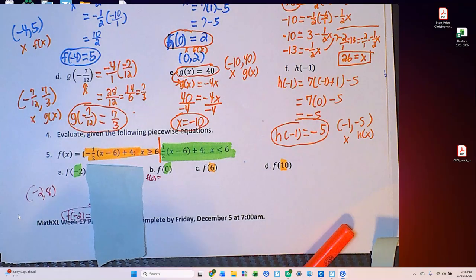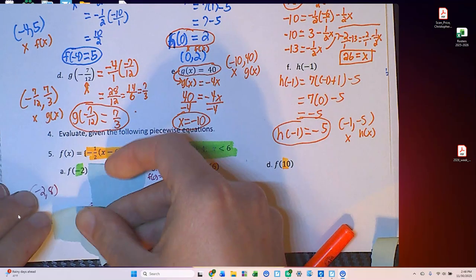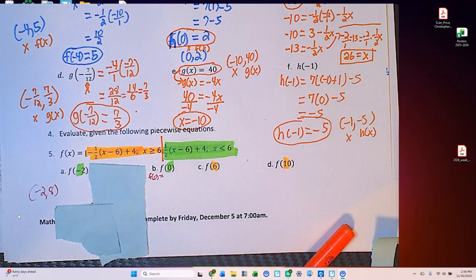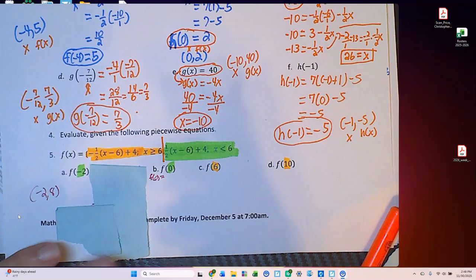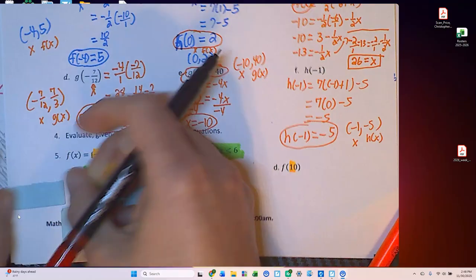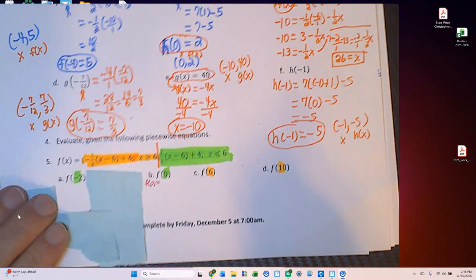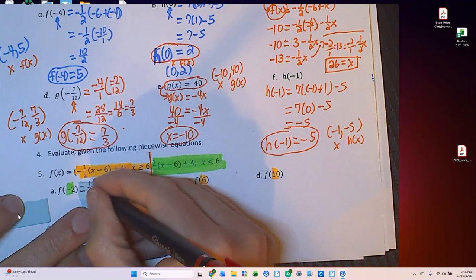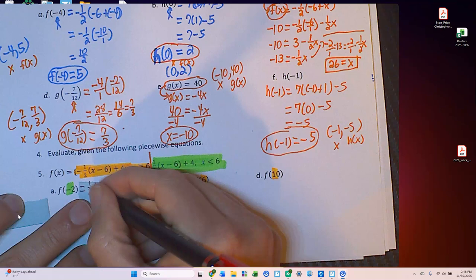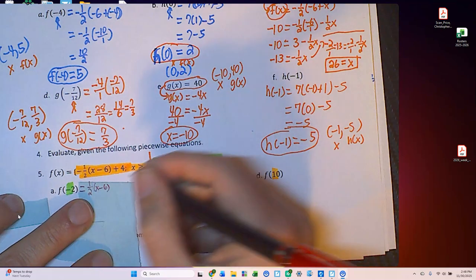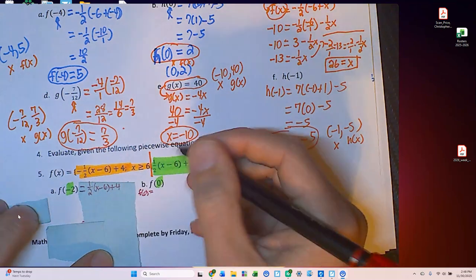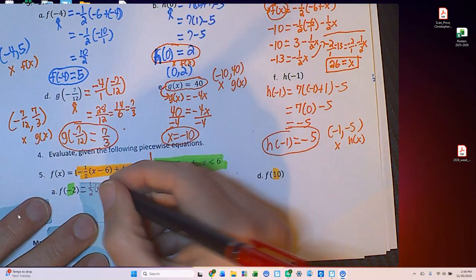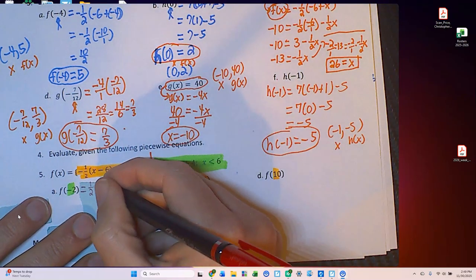Okay, I did the question wrong the first time. I put it in the wrong function. All right. Thanks to Loom, I fixed it. My printer's out of ink at home. Oh my gosh, I meant to put -2 in.